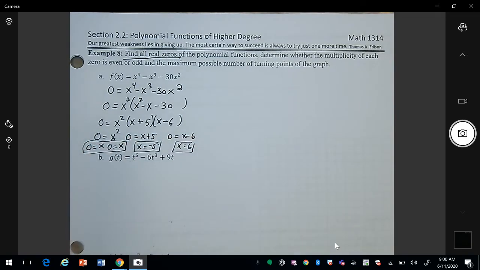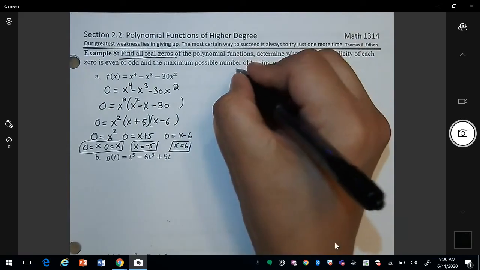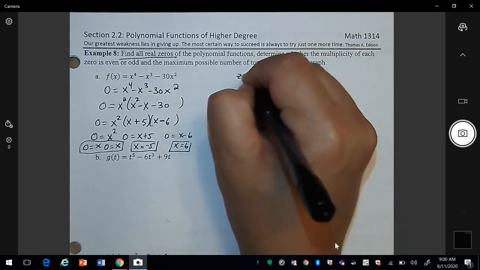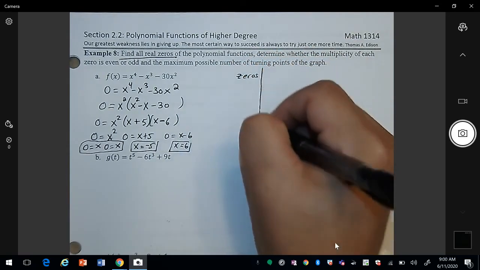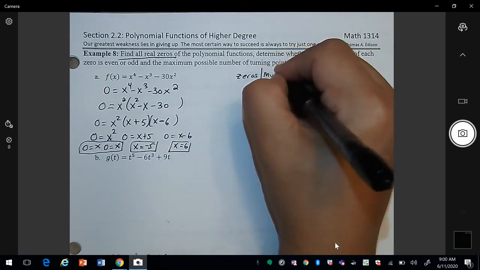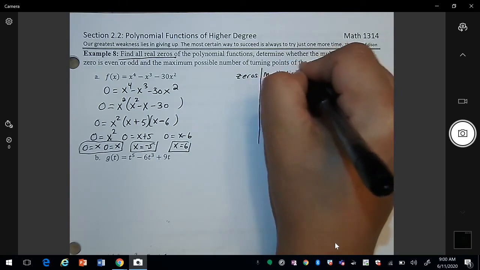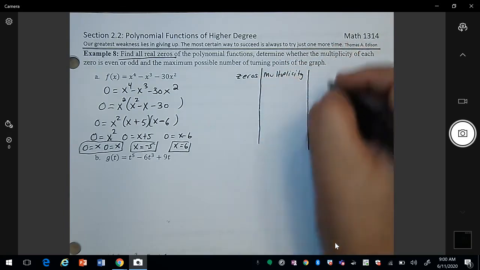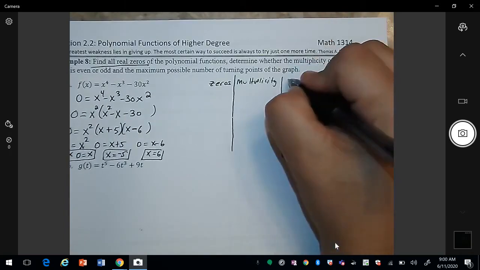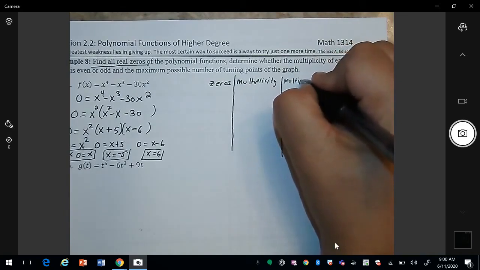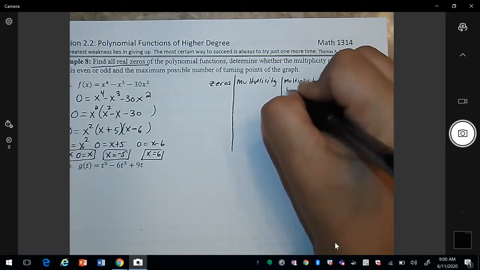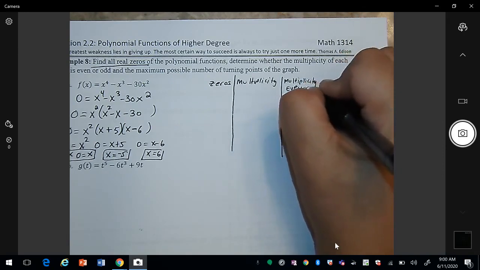these 4 zeros. Okay, so I'm going to make a little chart here: zeros, and then we're going to need to know the multiplicity, and we need to know if the multiplicity is even or odd.